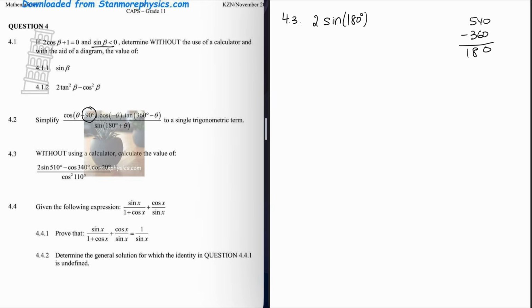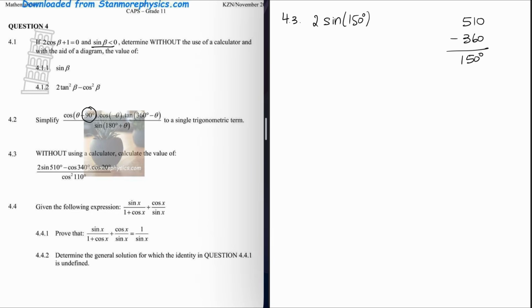Oh, it's 510. My apologies, I need to fix that. So this is going to be 510 minus 360. So 510 minus 360, that's 150. So this is 150 degrees. So 2 sine 150 degrees.